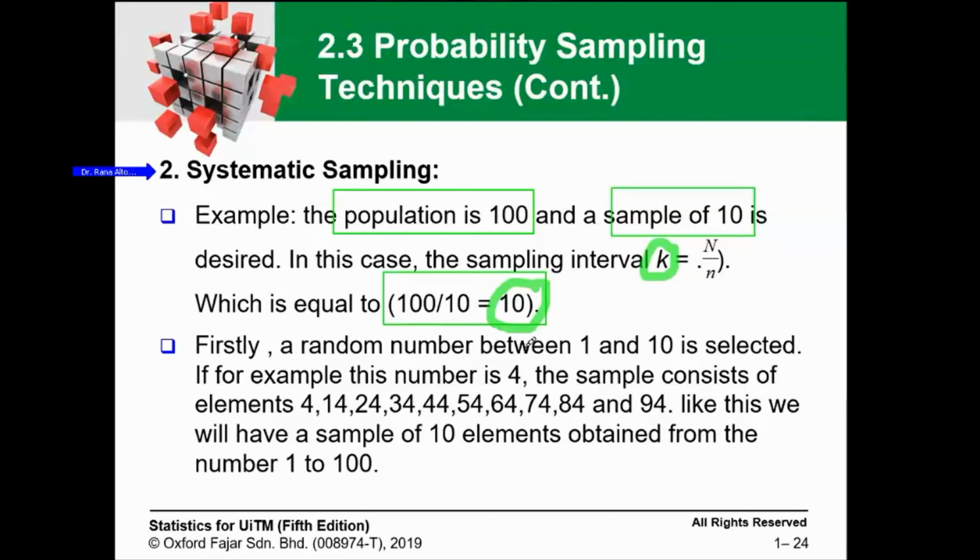So I will repeat again. The simple random sampling technique is a probability sampling technique. We use it when our population is homogeneous and the sampling frame is available.